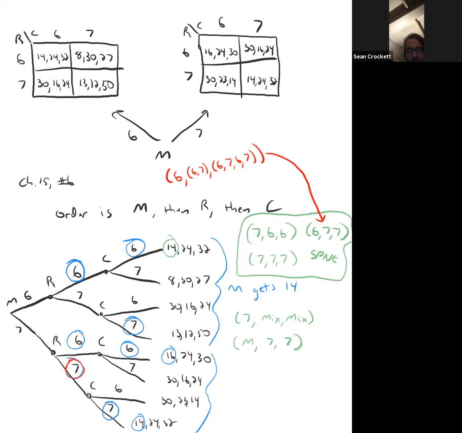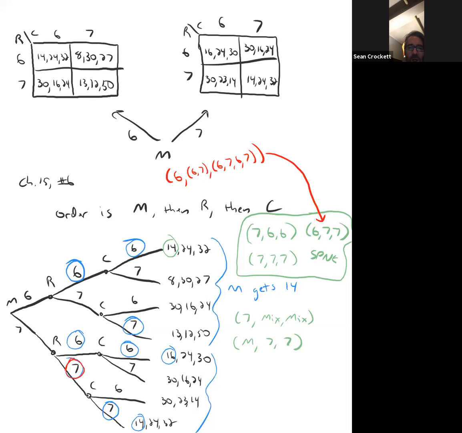Basically, player C is always locked into her choice, like every single one, there's no discretion. And player R is not locked into the bottom one. She's able to pick either one because she's indifferent between the two. And so, yeah, I should have written those out.